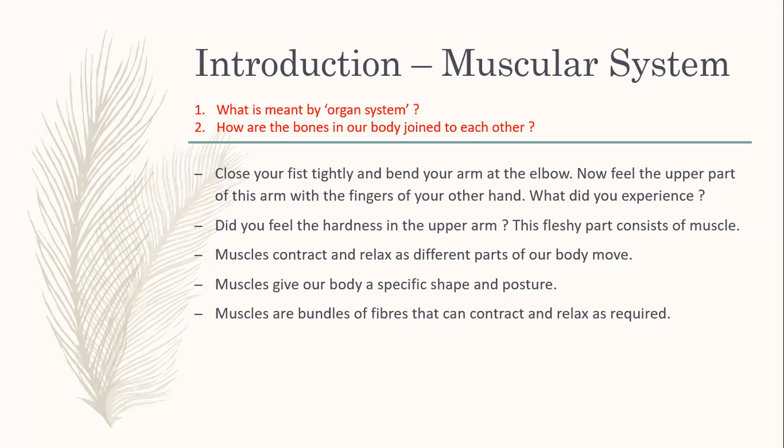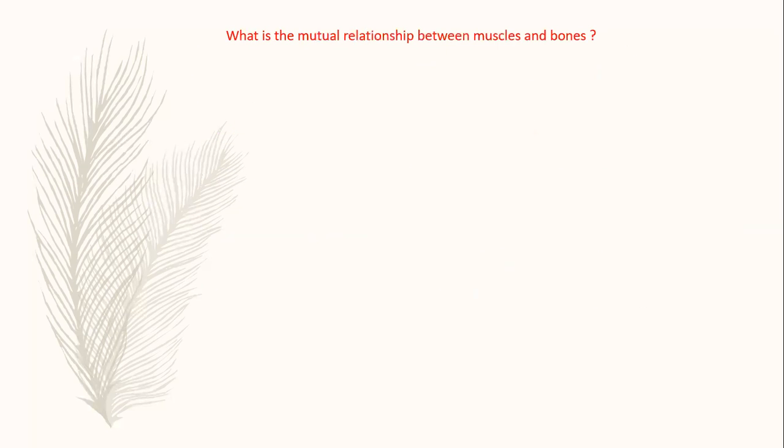Now we will move ahead and go into the depth of how muscles work and what the types of different muscles are. So here, girls, as you can see, it is written: what is the mutual relationship between muscles and bones? We talked about muscles, and we got an idea how muscles work: they contract and relax.